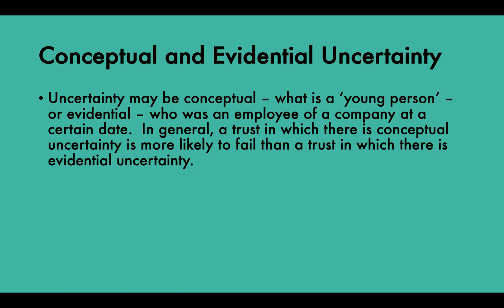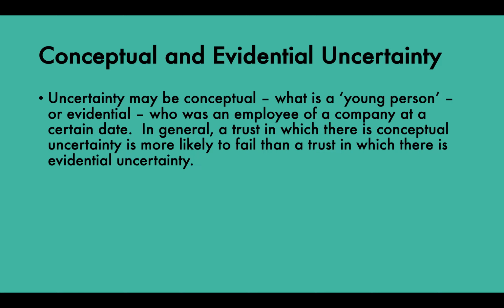However, for those season ticket holders who have lost their tickets, it would be impossible to prove that they are genuinely beneficiaries. Therefore, their own claims would fail for evidential uncertainty because they would be incapable of proving that they fall within the class of beneficiaries. But the trust fund itself could be valid because the definition of the class of beneficiaries is sufficiently clear.